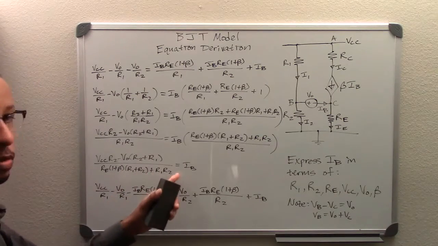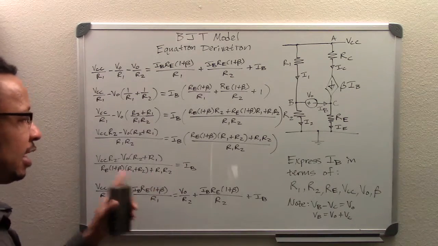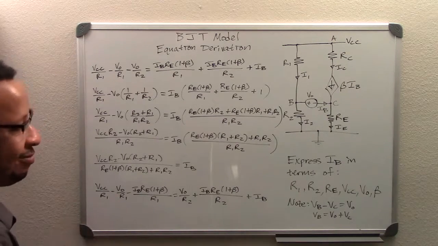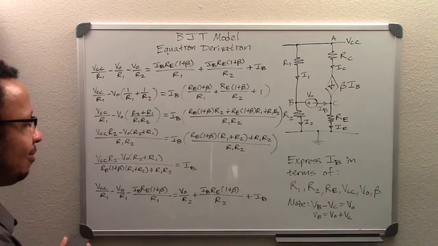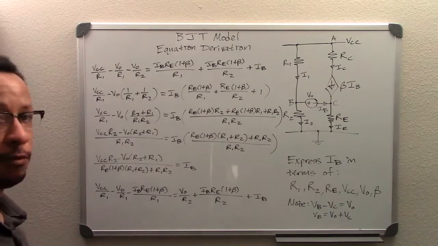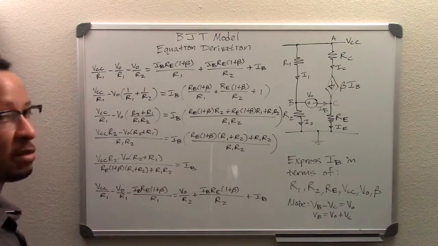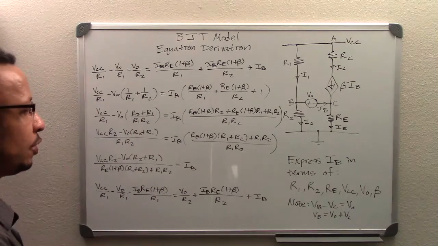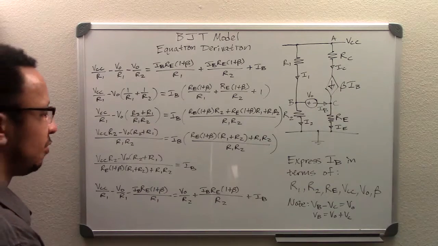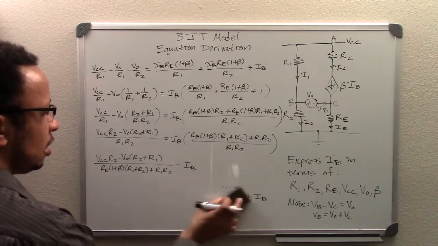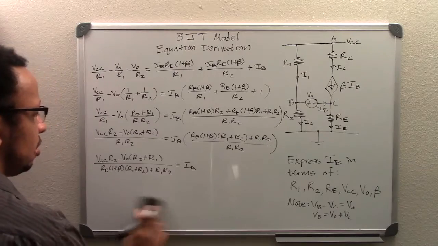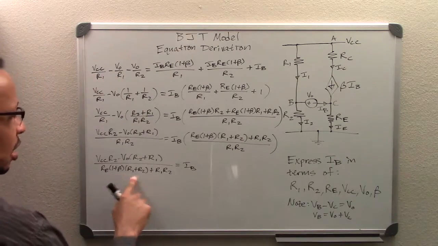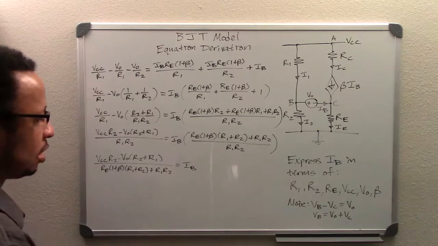Ultimately, this is what we want to end up with. This is absolutely correct, but we can put it into a possibly more favorable form, though this is the result of our equation derivation, so that's successful enough. But I'll put it into a final form that will be more conventional. That means dividing out by R1 plus R2.